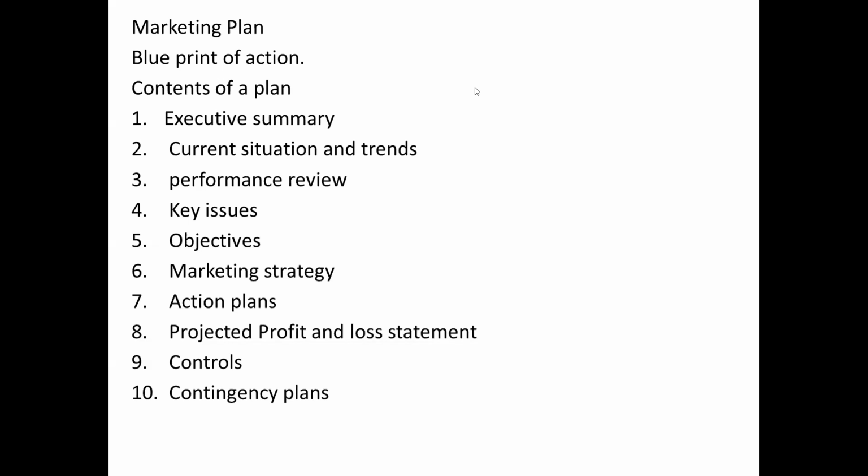Product portfolio analysis is done by the managers. Suppose a particular product is performing very well as compared to this, and the other product is not performing well. So why is that product not performing well? What are the reasons? That is investigated. Now, unless and until you have certain plans, you cannot move ahead.